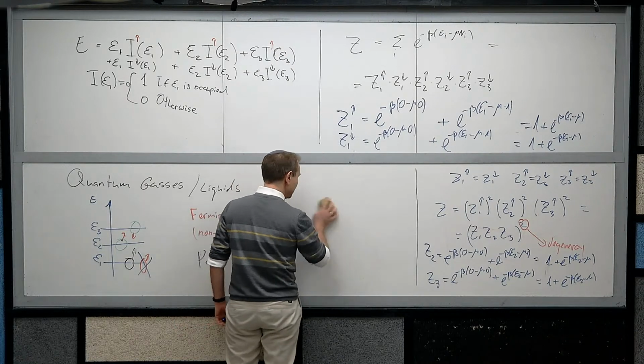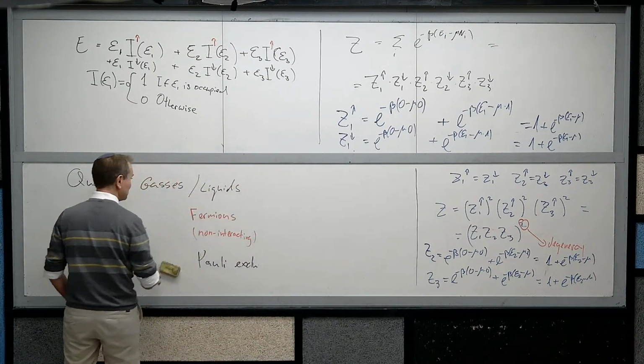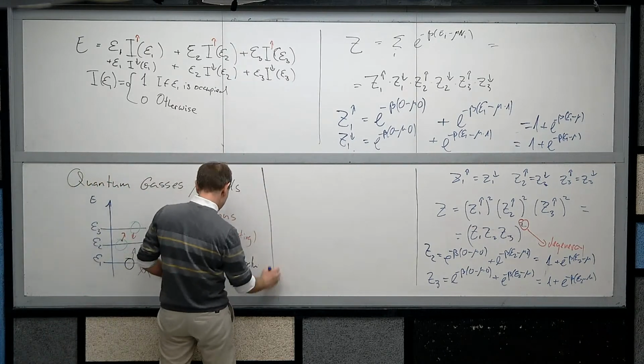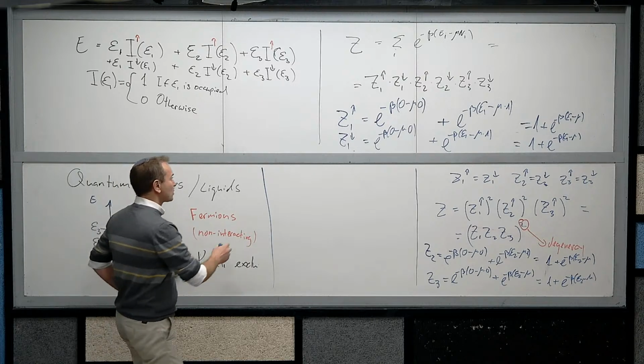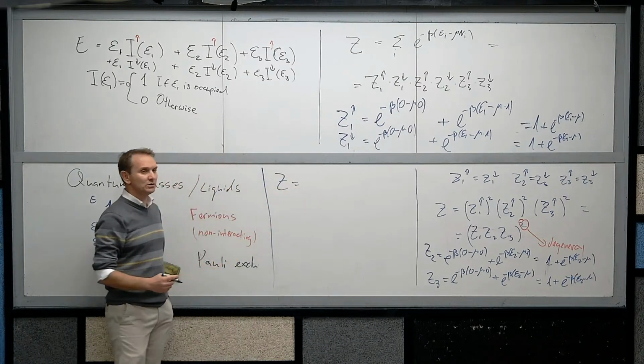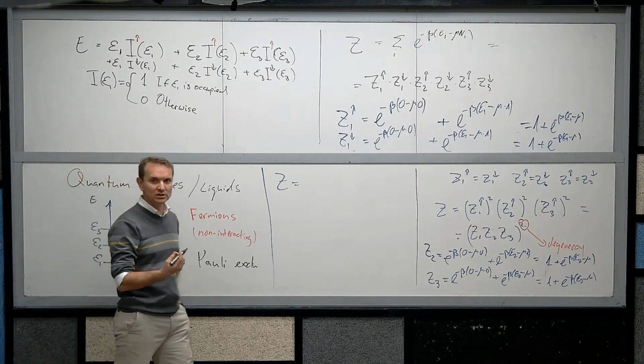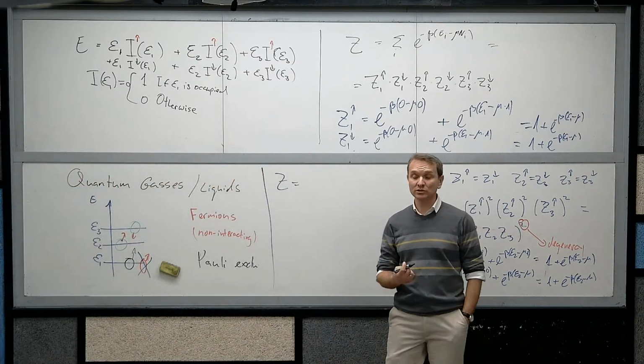So for the fermions, with the Pauli exclusion principle, with the very strong interactions due to the Pauli exclusion principle, we still can calculate the partition function, but the trick we use is that we do not use factorization for particles, we use factorization for states.